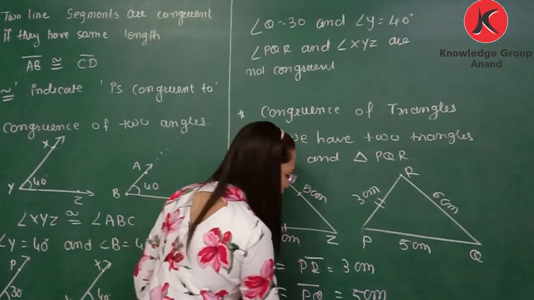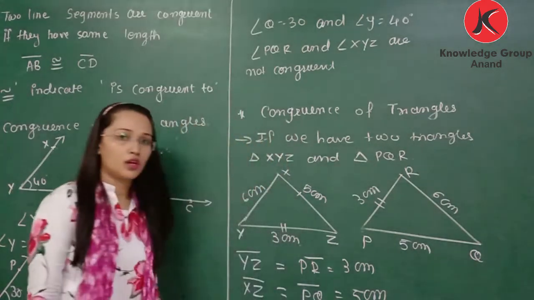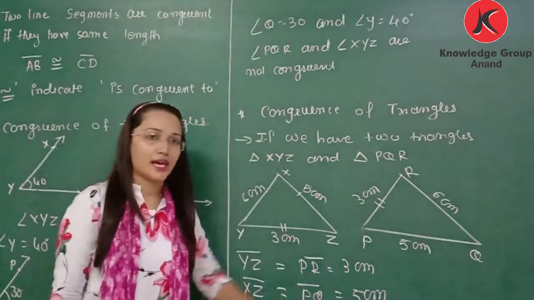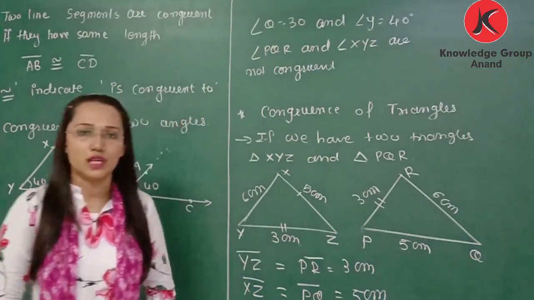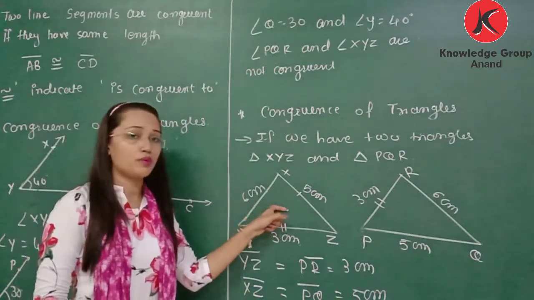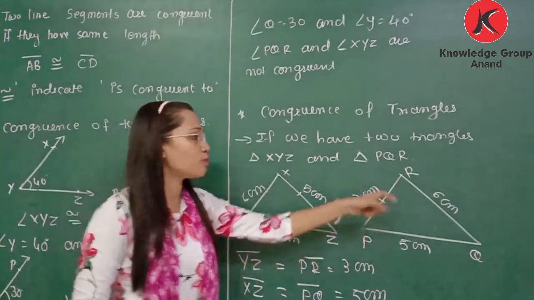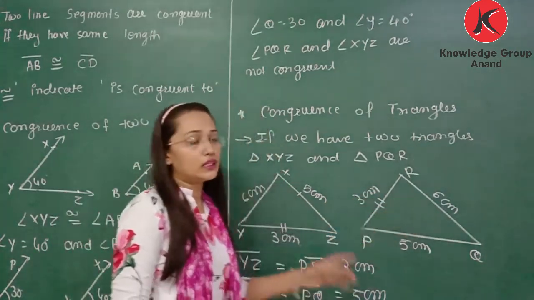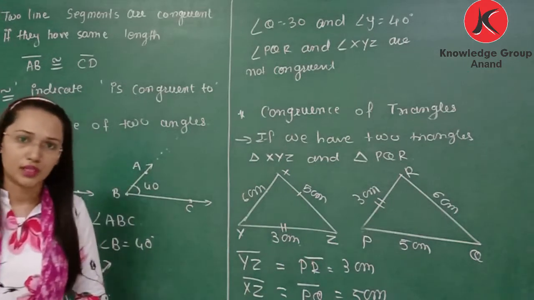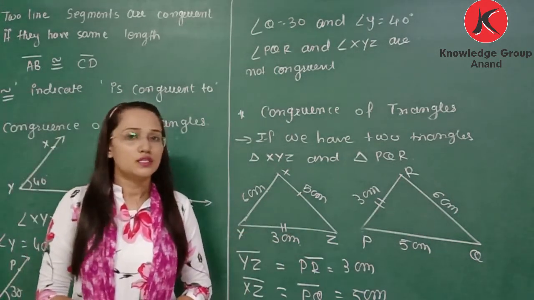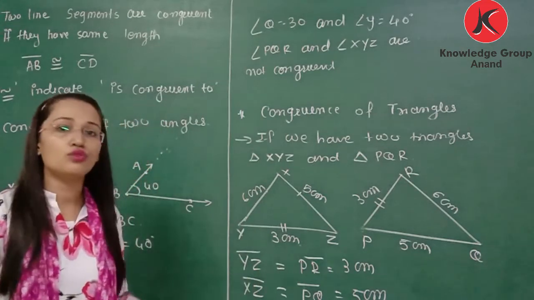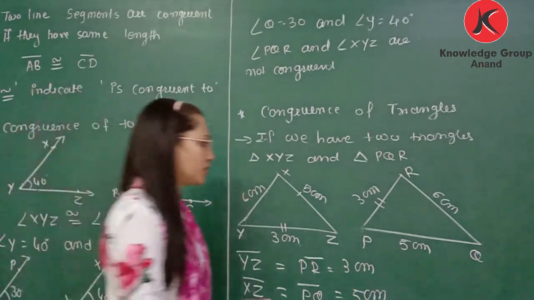That is 6 centimeters. So here you can see the 3 sides are the same, and if 3 sides are the same and 3 angles are the same, then if we take the trace copy of XYZ and superpose it on PQR, they will cover each other completely. Why? Because the lengths of the line segments are the same. So these two triangles are called congruent triangles.